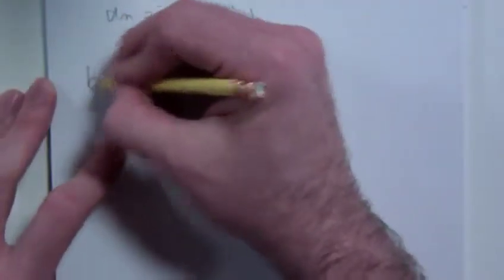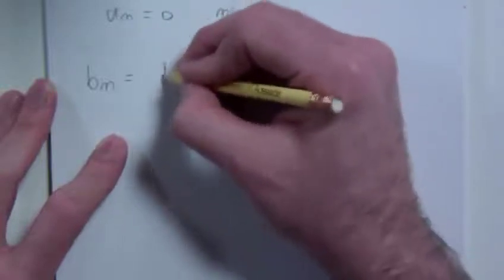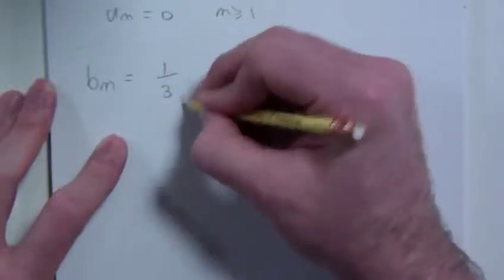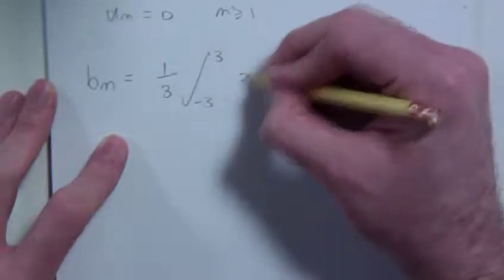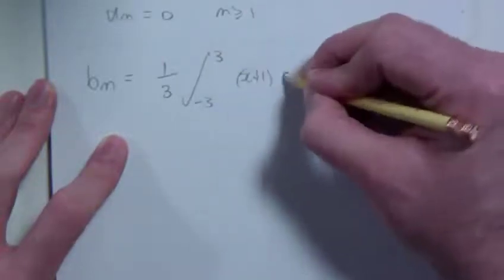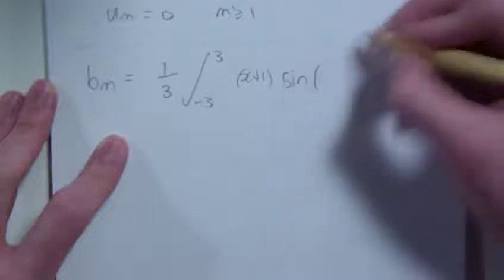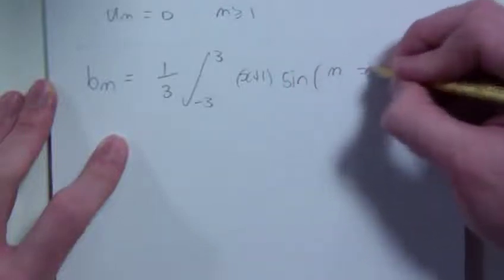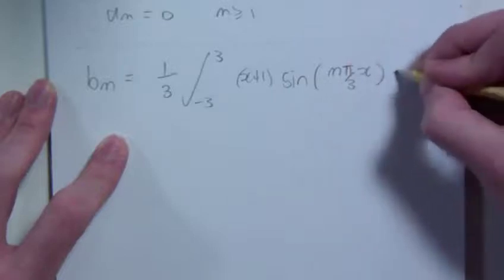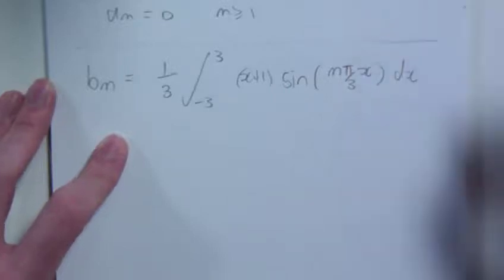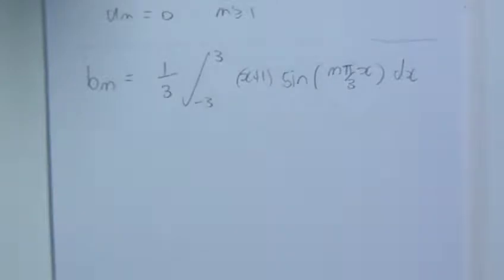my Bm will be 1 on L, from minus L to L, of the function times sine of mx, only it won't be mx, I'll have to adjust it because it's from minus 3 to 3 instead of from minus pi to pi.